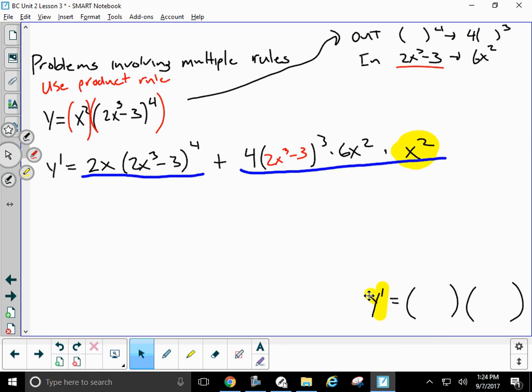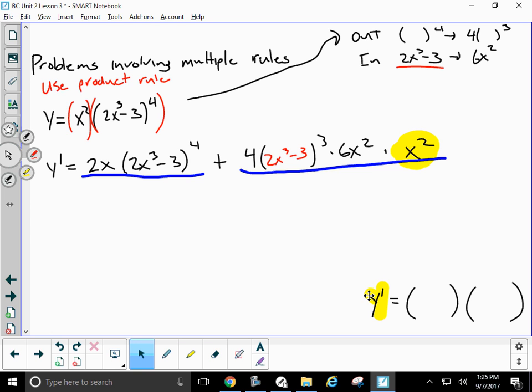Well, I notice this has a 2x, and I can pull a 2 and an x out of there. So that's one thing that they have in common. I also know that they have 2x cubed minus 3's. This has 4 of them, and this has 3 of them. So I can factor out 3 from both of them.